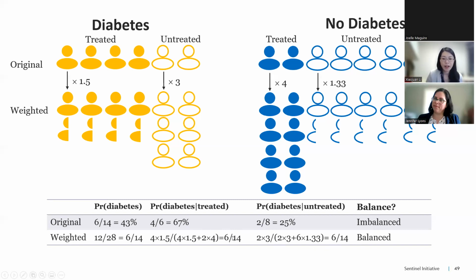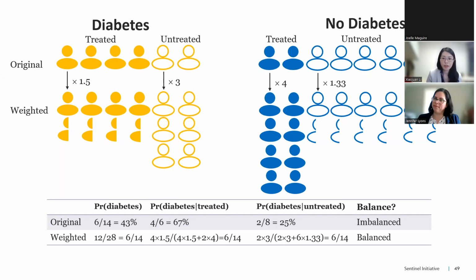And now they have the same distribution of diabetics as the proportion of diabetics in the overall study population, which is 6 over 14, 43%. This is exactly the reason why we said a couple of slides ago that inverse probability weighting methods reweight each exposure group to look like the entire study sample so that they share the same covariate distribution.